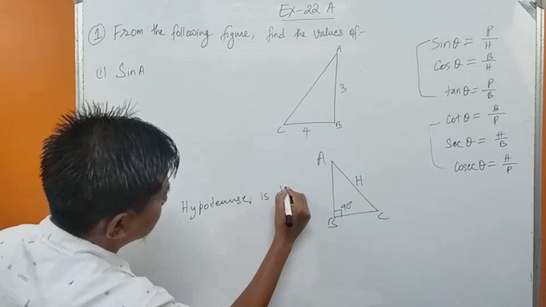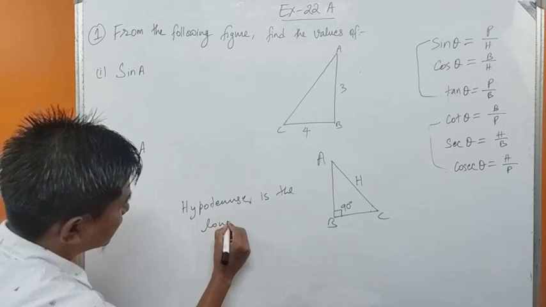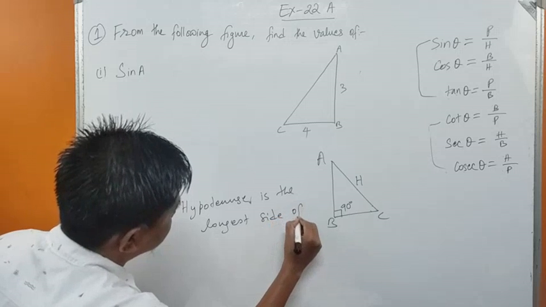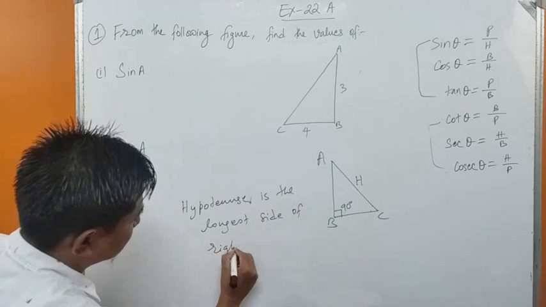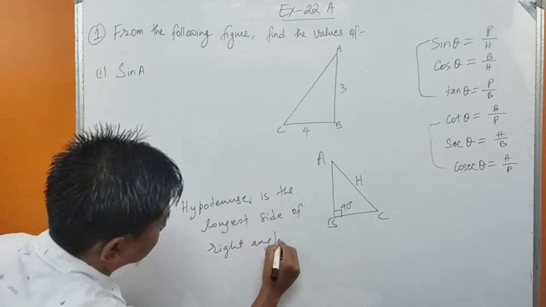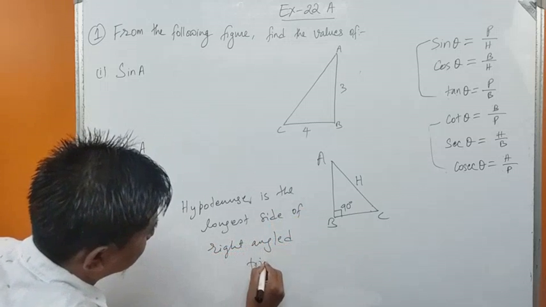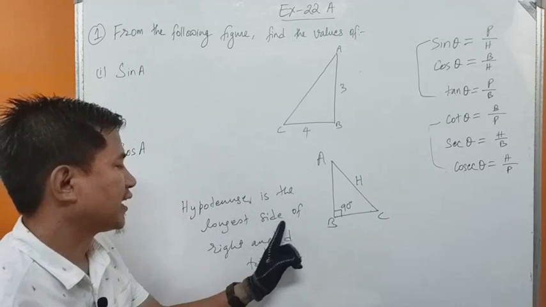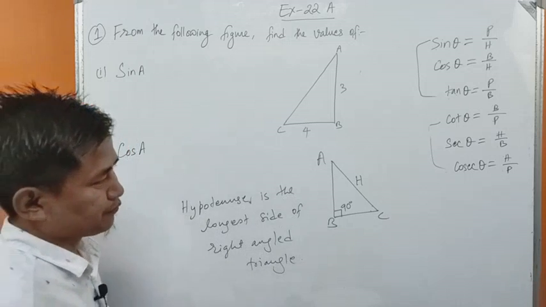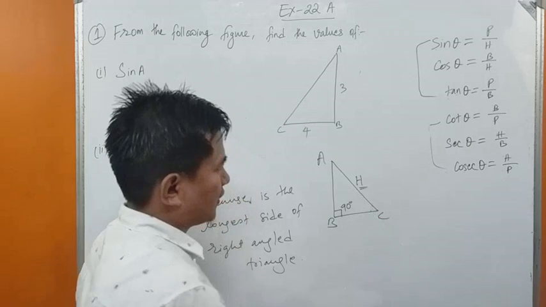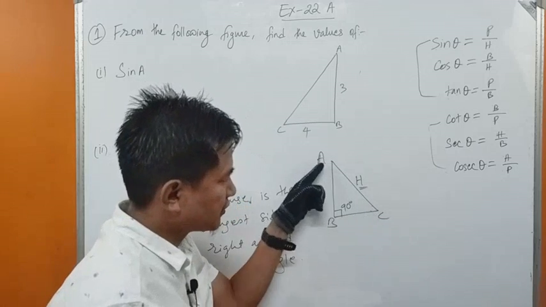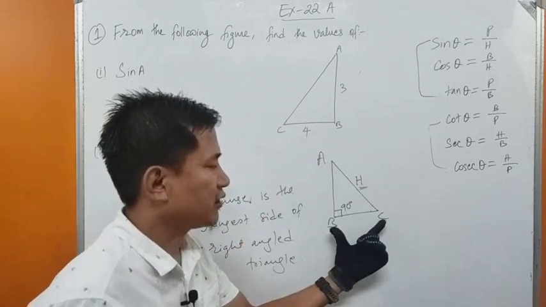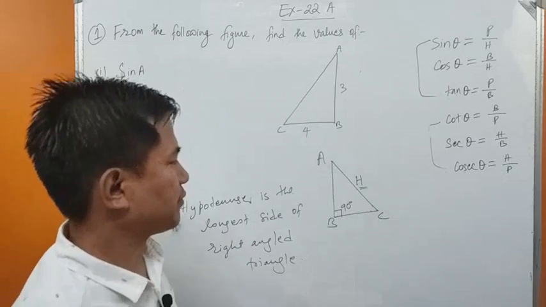Hypotenuse is the longest side of right angled triangle. Okay, so this AC is the hypotenuse in this case. So AC is the longest side. AC is longer than AB and longer than BC. Okay, so AC is the hypotenuse.